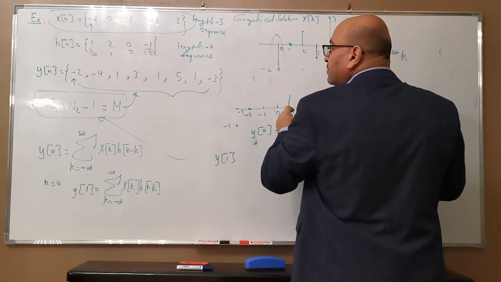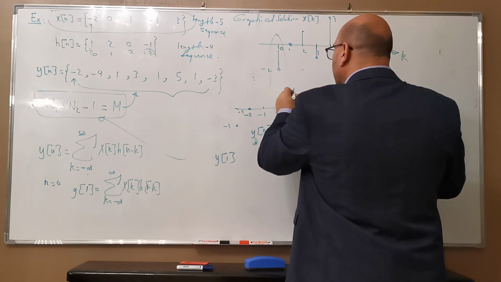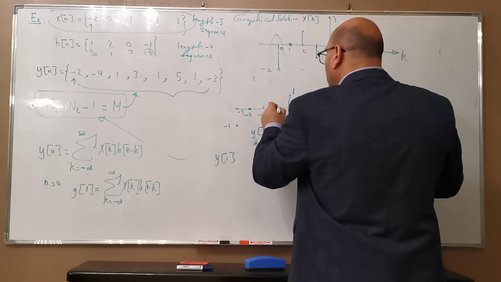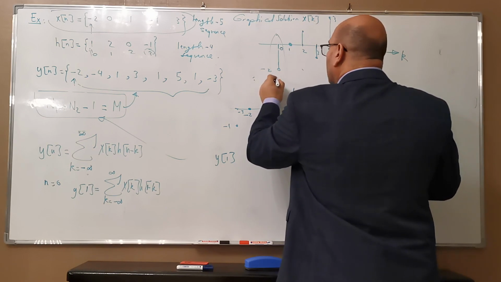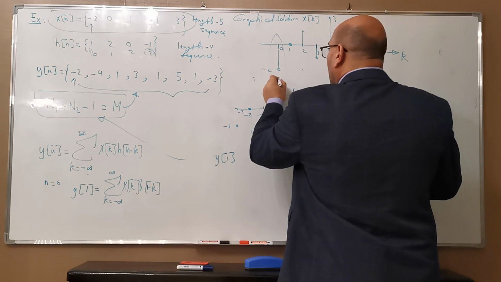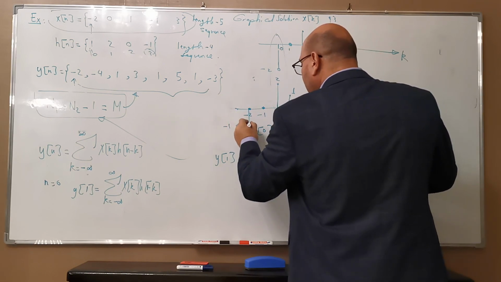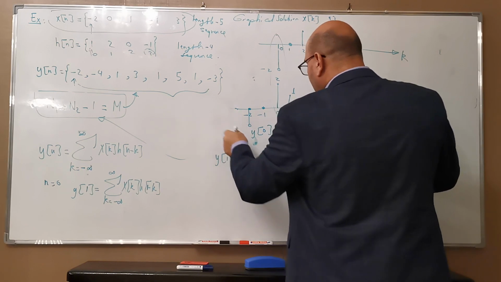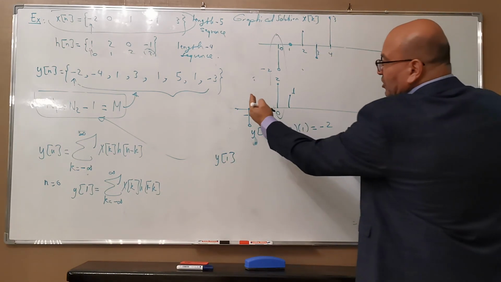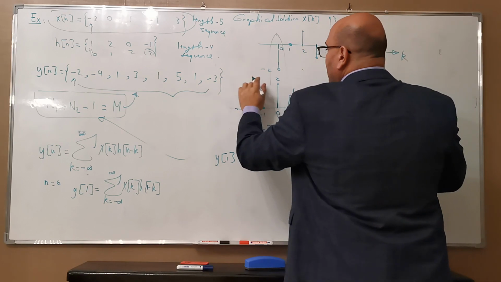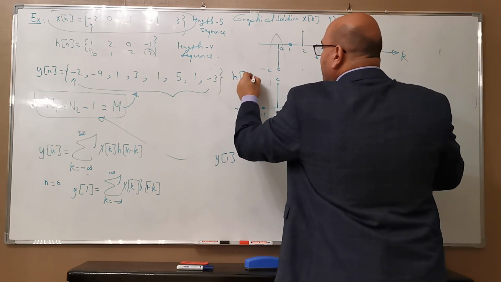So you will have 1 here, you will have 2 here, you will have a 0, and you will have a -1 at -2. Okay, so we shift this one here, and this one is h of 1 minus k.